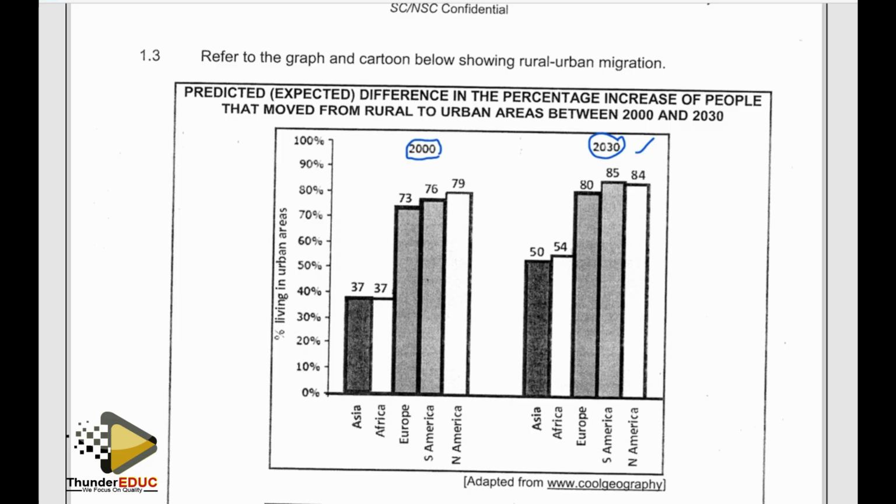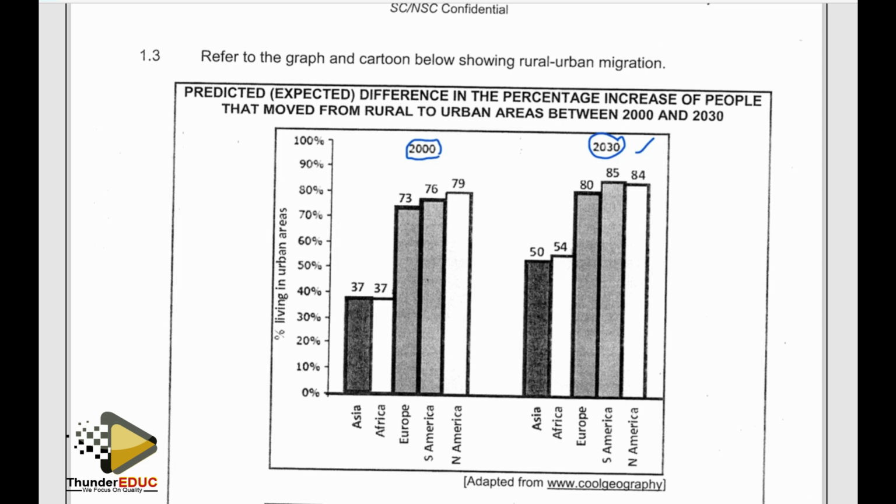Then you check Africa, it is having 37 and is having 54. So you can see that there is a wider difference here. 54 minus 37 gives us 17. Then if we check for Europe, Europe here has got 73 and has got 80 in 2030, the prediction.